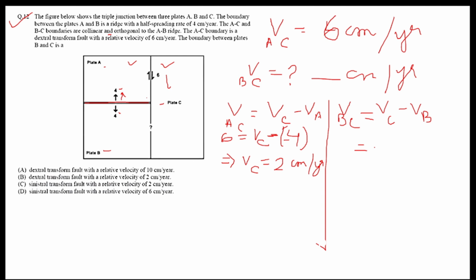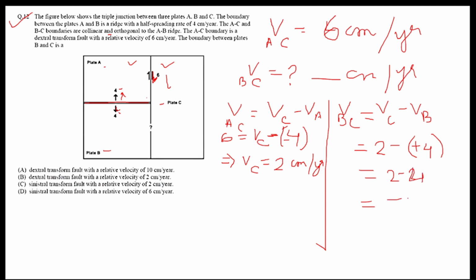So VC is what, 2 centimeter. Now VB, because this thing and this side, they both are going in the same direction, right? They are both sliding in the same direction, so we will take it as positive. So minus 2.